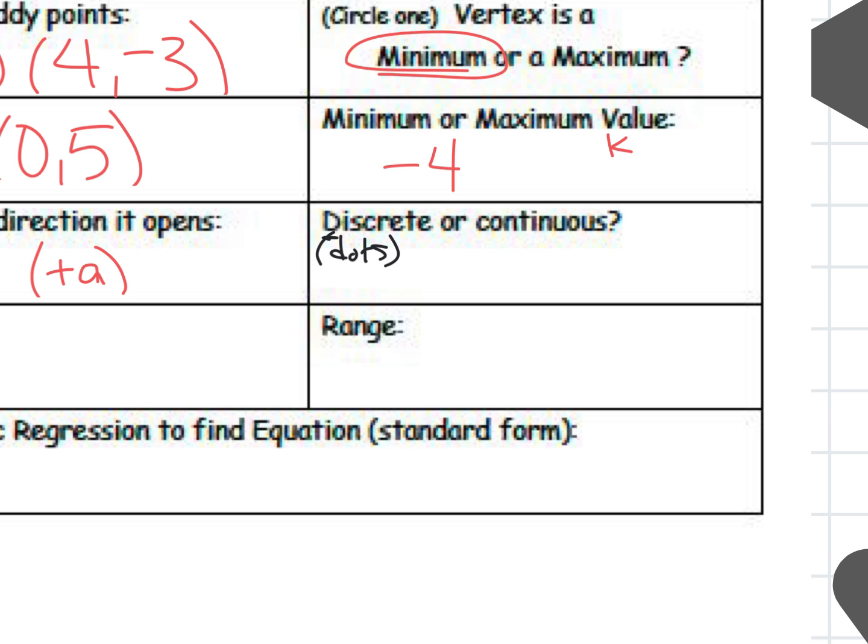That means that we need to list our points. Because when we have the line connecting everything, that's continuous. That's when we use our inequalities.